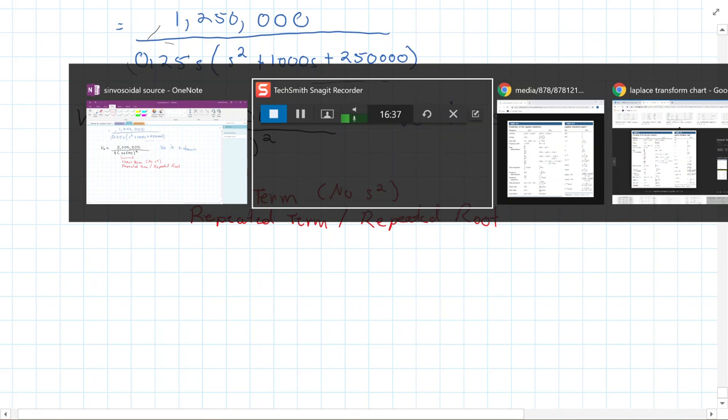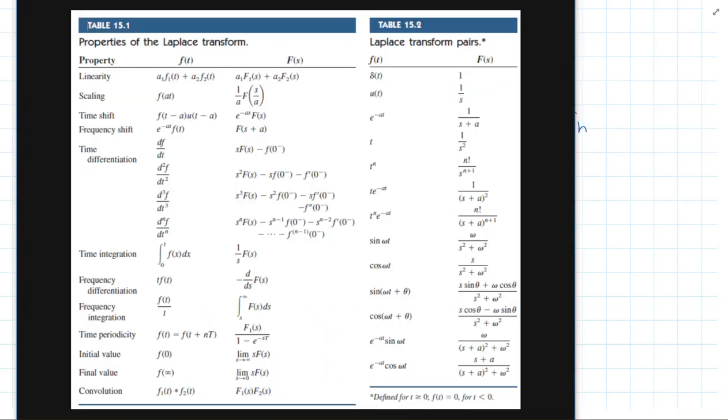Now, if we go back to the Laplace transform table again, look at right here. I have something where I have 1 over quantity s plus a squared, and I get t e to the minus at. So we do have something in that form, so that's good.